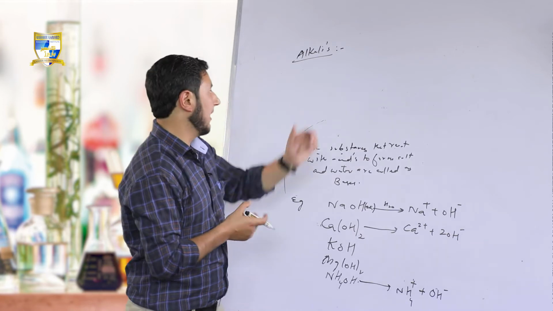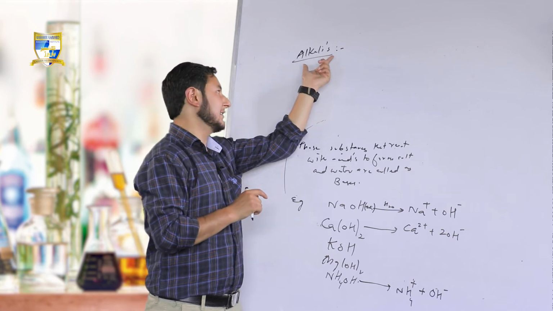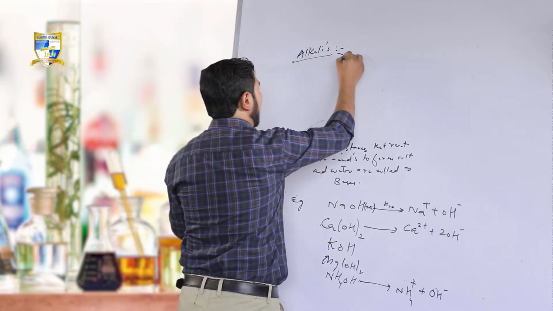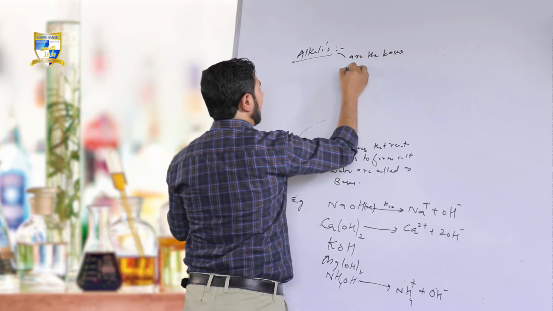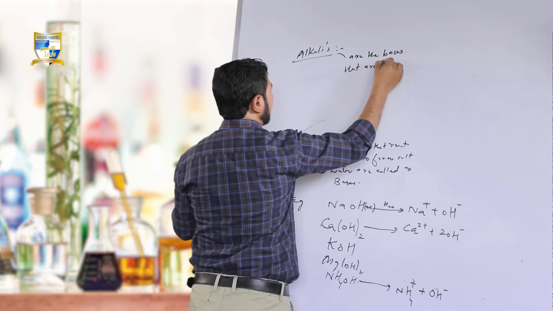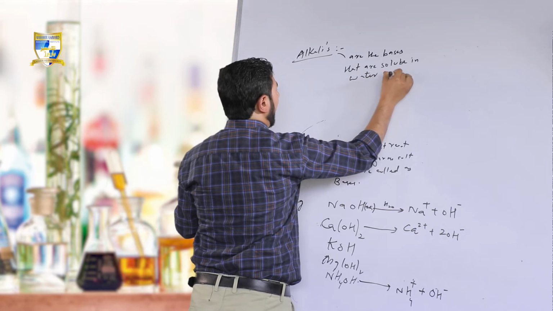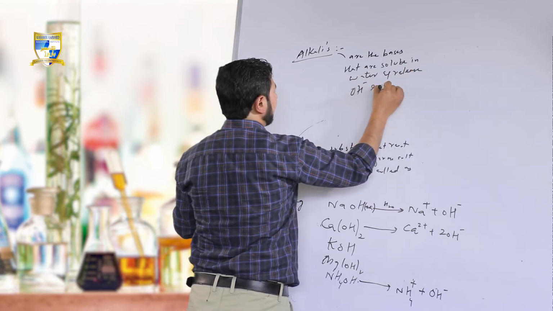I am repeating, alkalis are the bases that are soluble in water. I am writing over here, alkalis are the bases that are soluble in water and release OH negative ions as the only negative ions.